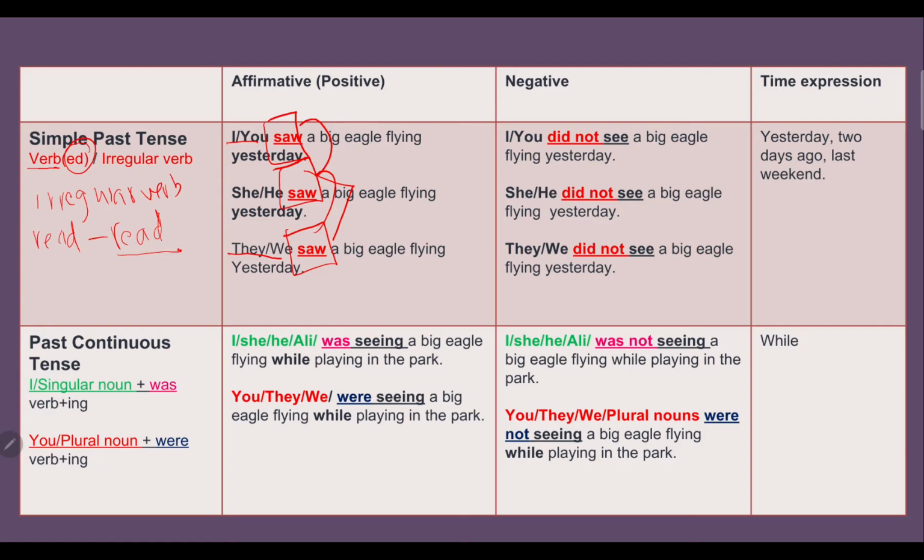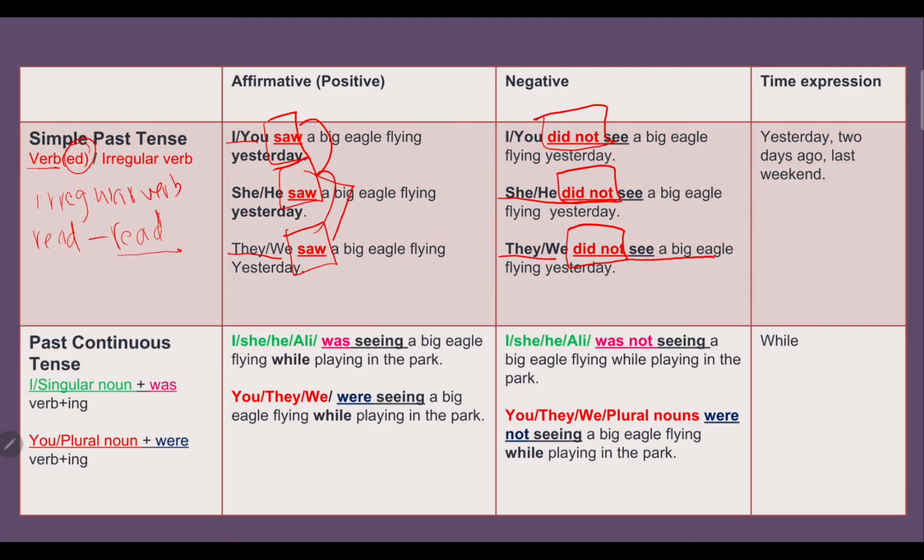Okay, so for negative, we add on did not. So you did not see a big eagle flying yesterday. He did not see a big eagle flying yesterday. And we did not see a big eagle flying yesterday.